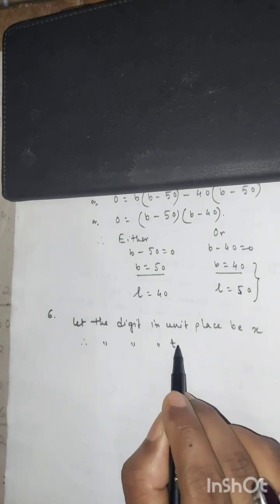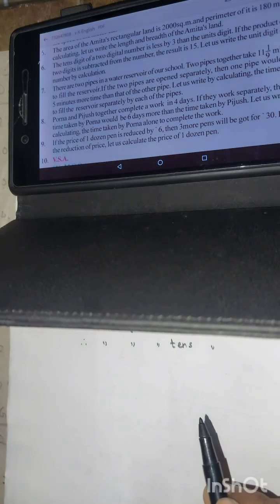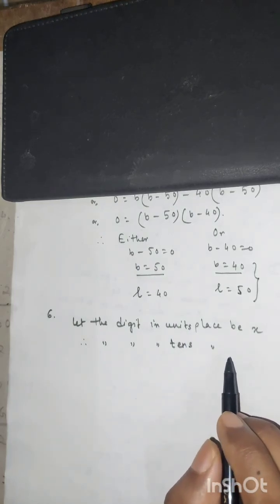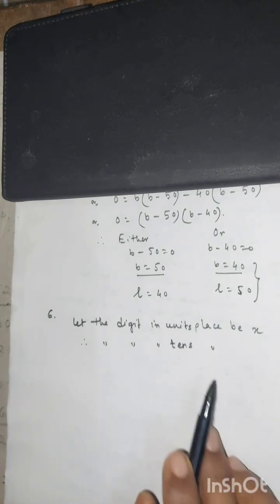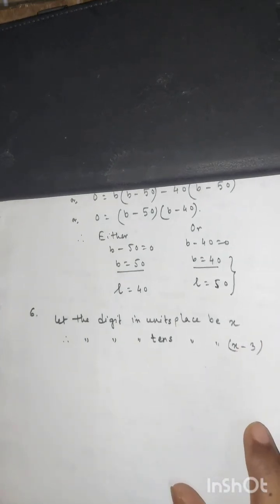Therefore, the digit in tens place be x minus 3, because it is given in our question that the digit in tens place is less by 3 than the digit in units place. So these are two digits.